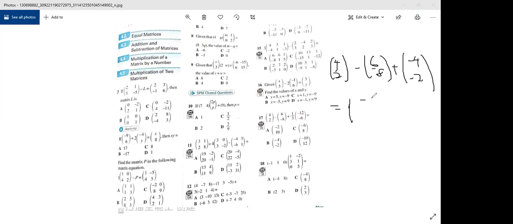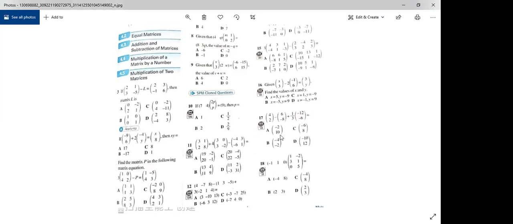So the answer is C. Just find the upper one if you want to be quick, because you can see the options are really different. But if you are not really sure, you just solve the down one and get the answer.